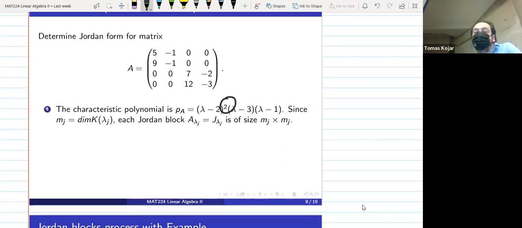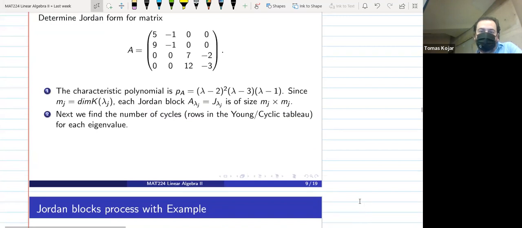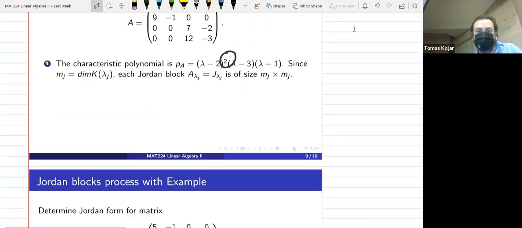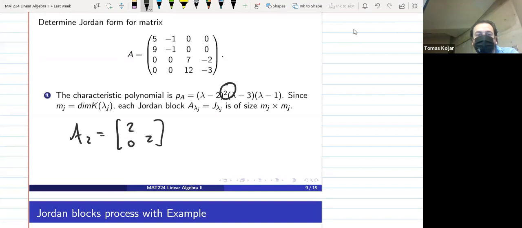So you can have 3 Jordan blocks, and I think I draw them here. Okay, so I'll do it here. So the block for A2 will be a 2 by 2. So yeah, 2, 2, 0.